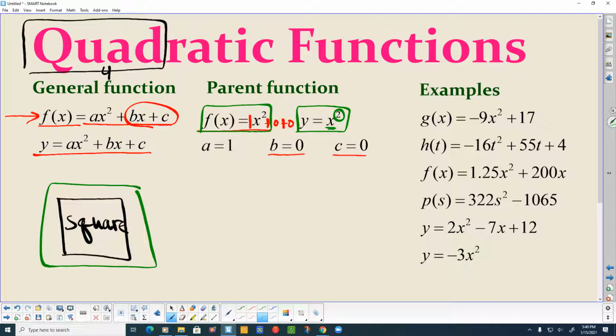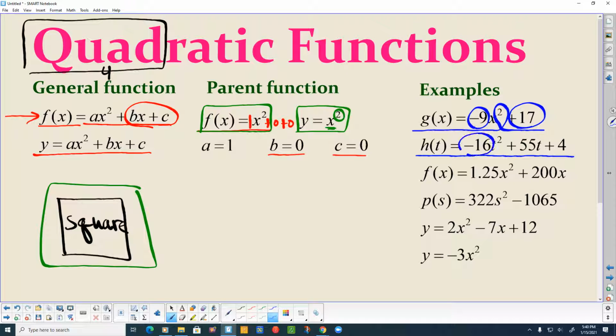Here are some examples of what they could look like as functions. g of x equals negative 9x squared plus 17. Here's your a. There is no x term, but there's a c. So in this one, b is 0. Here's a more obvious one: h of t equals negative 16 t squared plus 55t plus 4.